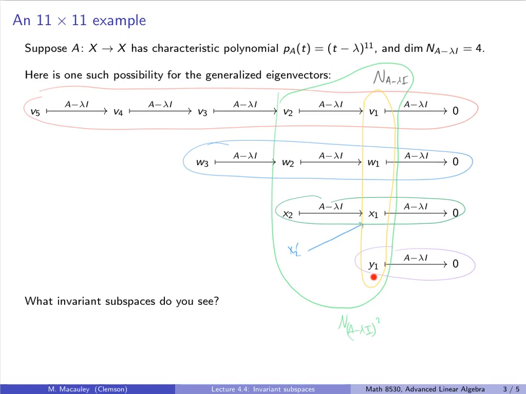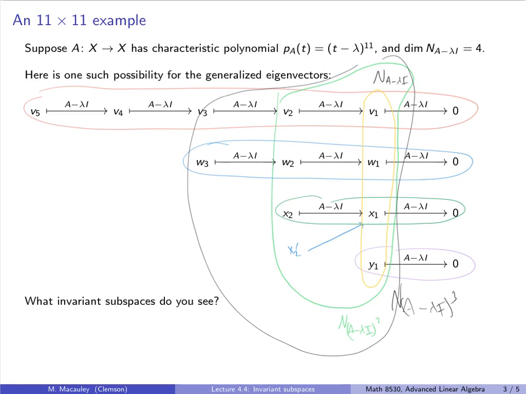Everything in here gets killed by, at most, 2 instances of A minus lambda I. And then similarly, this is the null space of A minus lambda I cubed, and so forth.